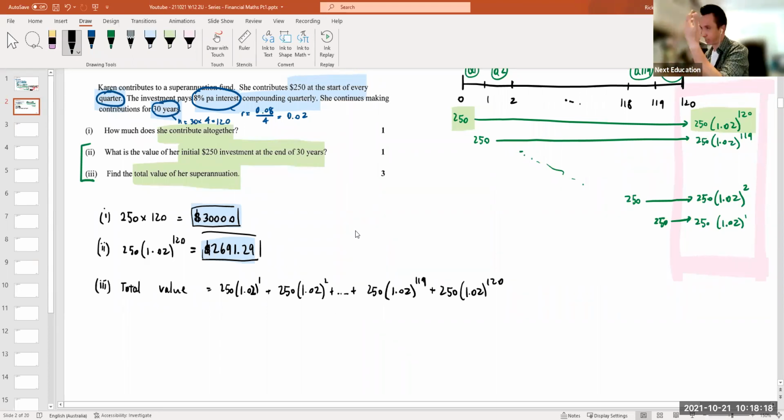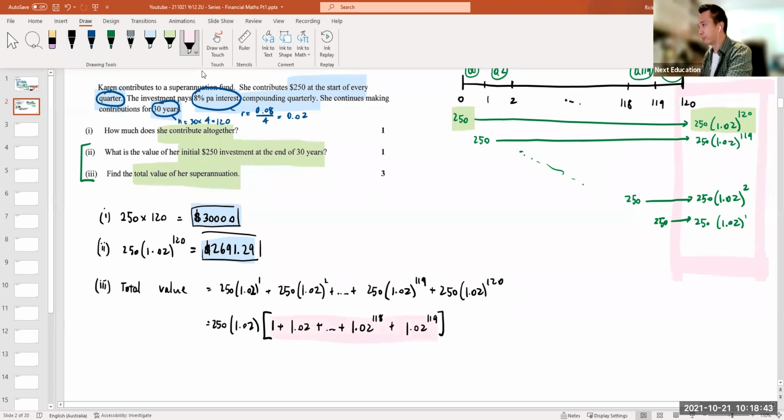You basically go, okay, I see all that. I'm going to factorize out 250 times 1.02, right? Because that is in all of them. Square bracket there, taking it all out, that's 1 plus 1.02 plus, if you take one out, 1.02 to the power 118, take one of those out, 1.02 to the power 119.